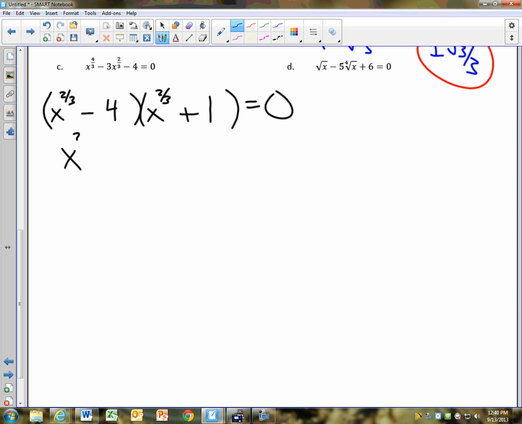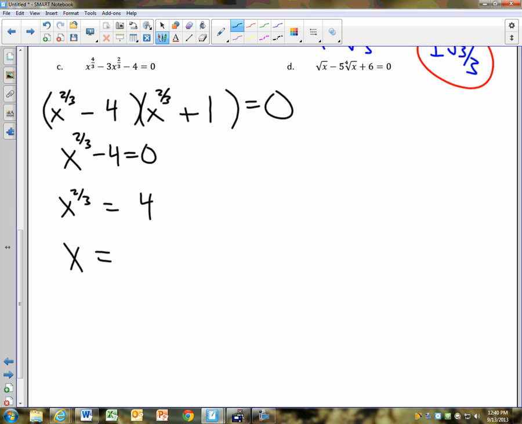X to the 2/3 minus 4 equals 0. So x to the 2/3 is equal to 4. In order to solve for x, the exponent of 2/3 needs to be an exponent of what? Instead of a 2/3, I want just a 1. I want x to the first, right?